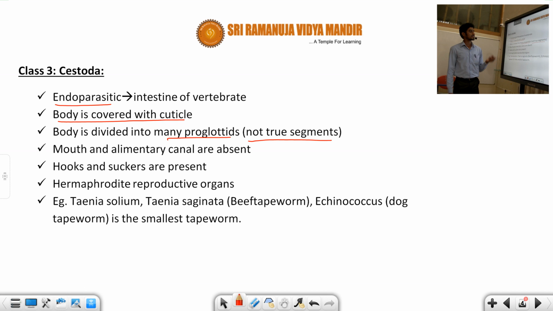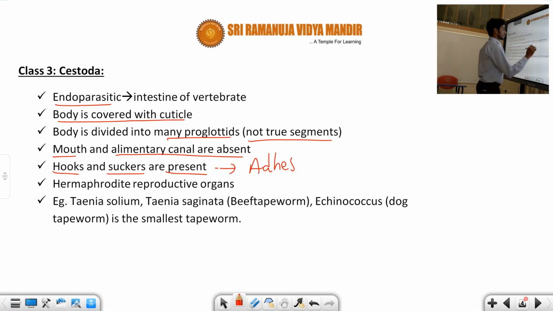It's a very important point, student. The Cestoda class of Platyhelminthes don't have any mouth, and the alimentary canal is completely absent. Another one is that hooks and suckers are present. Hooks and suckers are considered adhesive structures.